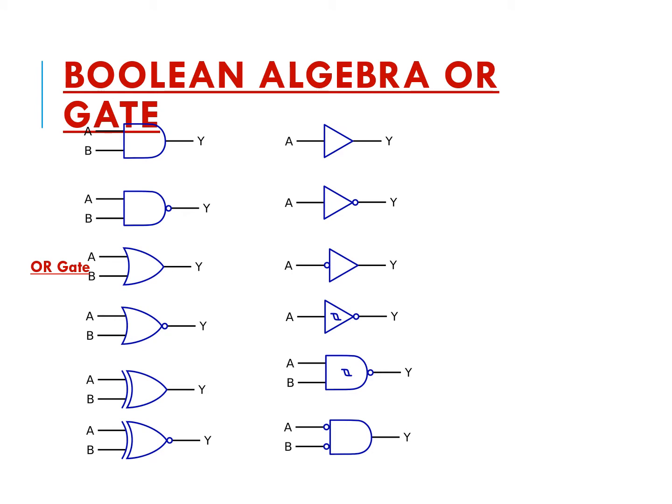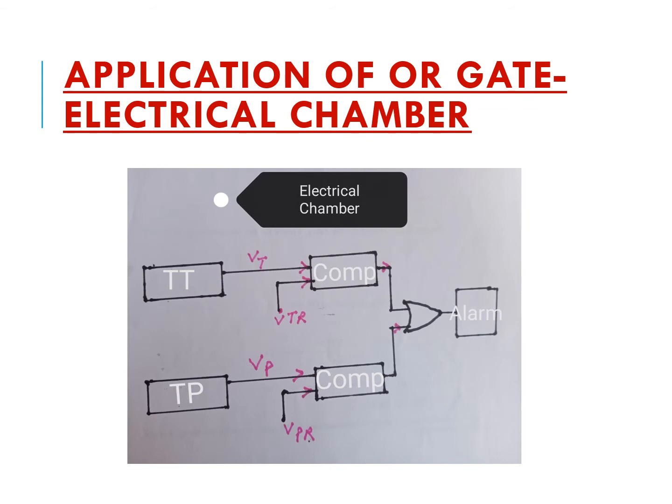Next you see the symbol as it is written in red, the OR gate. This is the symbol which you will come across many times during this course. Now let's see the application, and here I would advise you that whatever you study in any subject, try to implement it in the laboratory. But you will say that it's not possible. Fine, I agree with you.